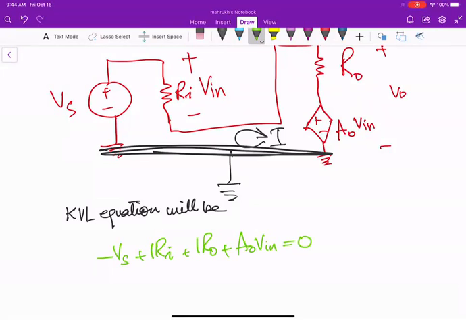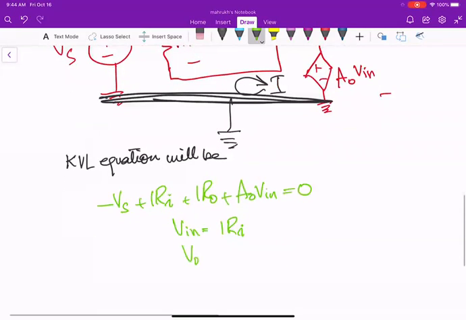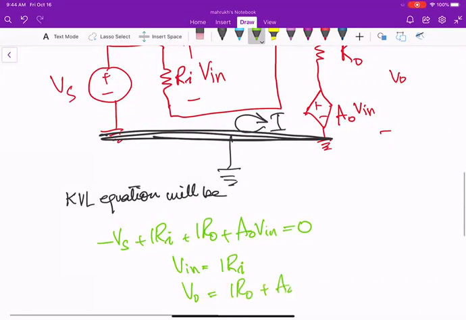Okay, so that's my equation where my Vin is IRI and my V out, V naught, is IR naught plus A naught Vin. Right? Is this okay? Yes, yes.